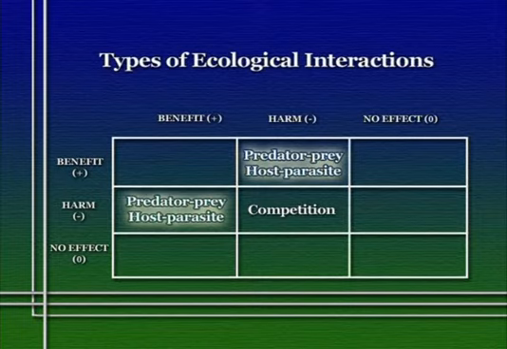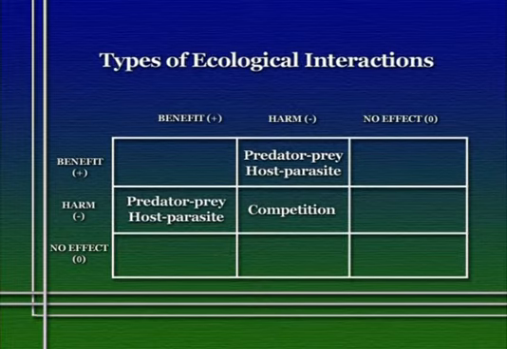a host-parasite interaction. As we'll see later on, competition and predator-prey interactions, or host-parasite interactions, are particularly important kinds of ecological interactions between species. Particularly important because they seem to have a preponderant effect on the abundance and distribution, I should say, of different species in a community.